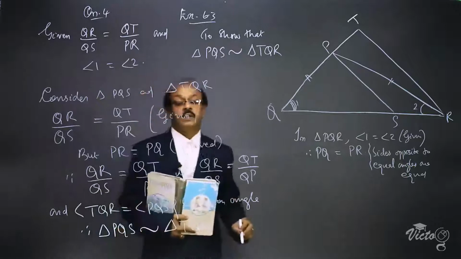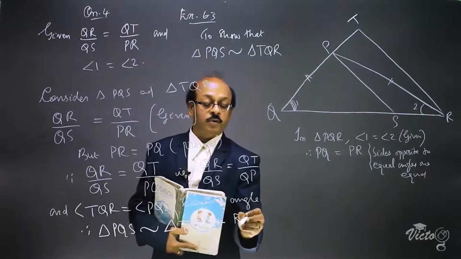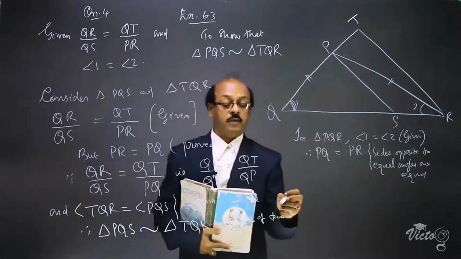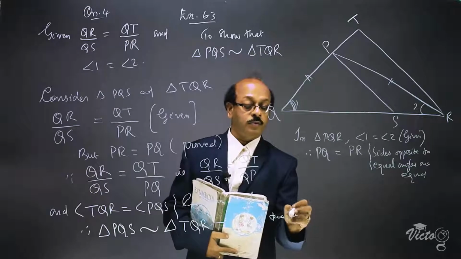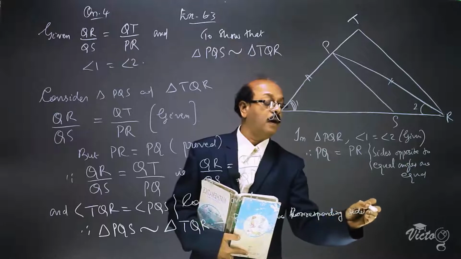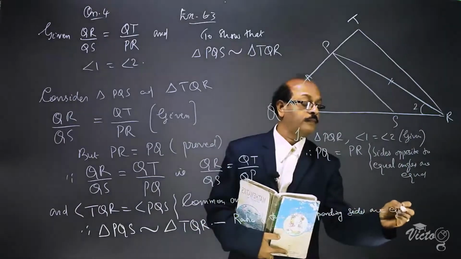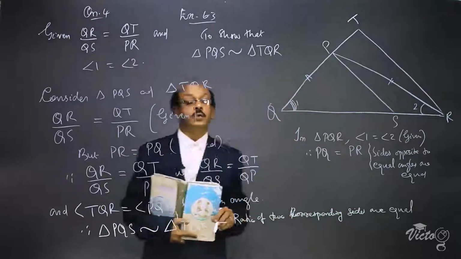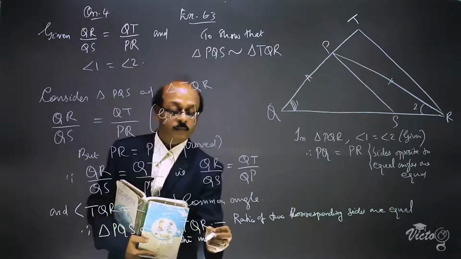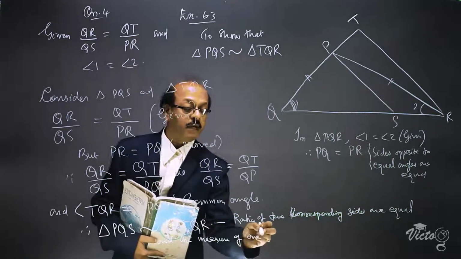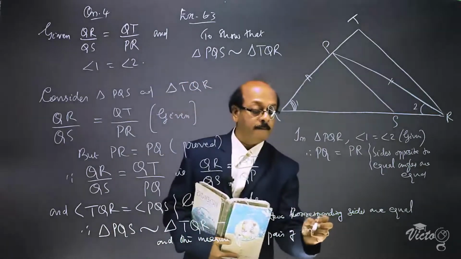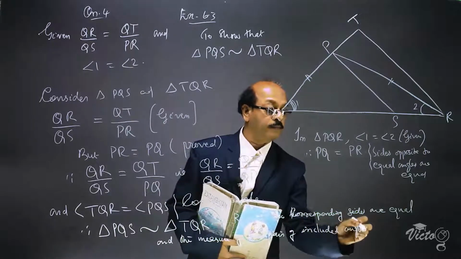We have to clear the reason because the ratio of two corresponding sides are equal and the measure of one pair of included angles are also equal.